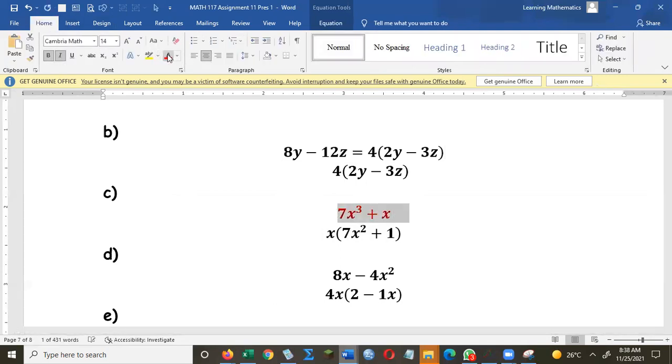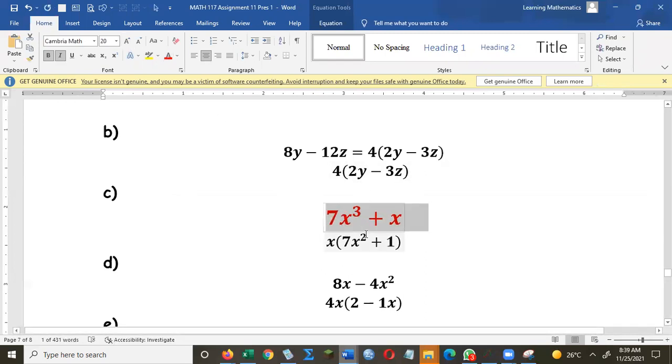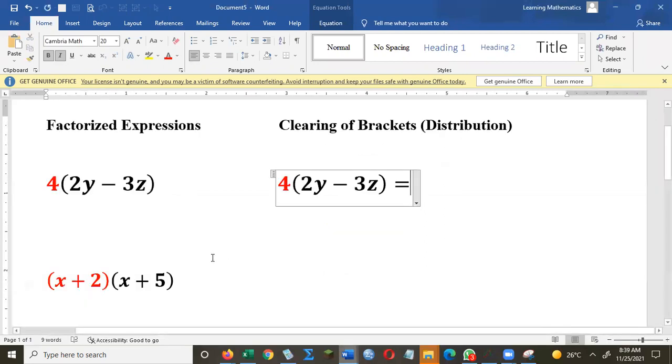Whenever you see something with brackets, factorization took place to put it in brackets. So if you clear the brackets, you're supposed to get back what you originally had. So this originally did not have brackets.